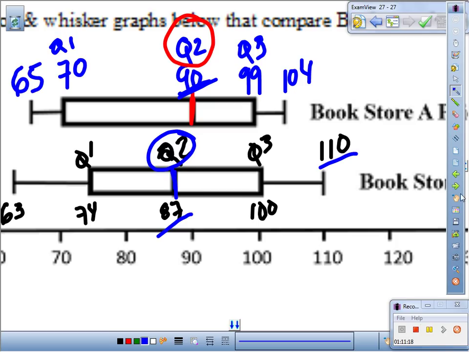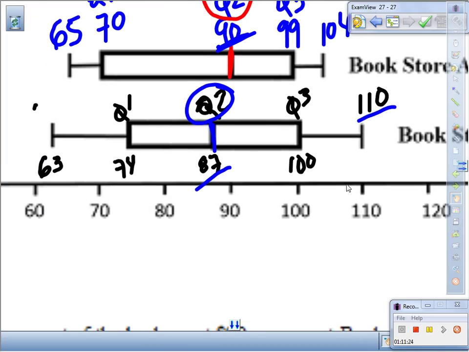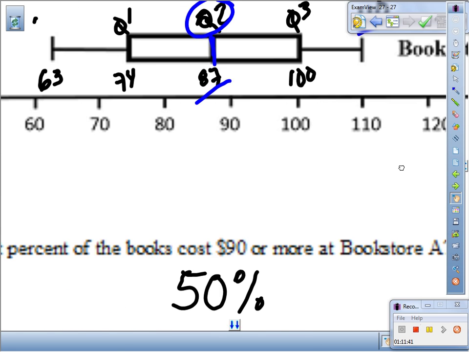How do we find the mean for bookstore B? That is correct. Add them all and divide by how many numbers do we have? 5. All right, so let's do that. 63 plus 74 plus 87 plus 100 plus 110.